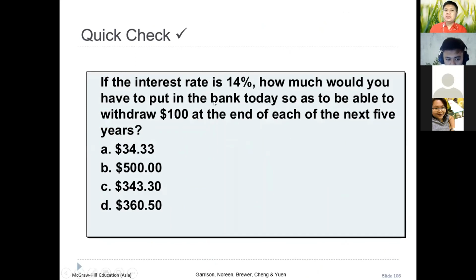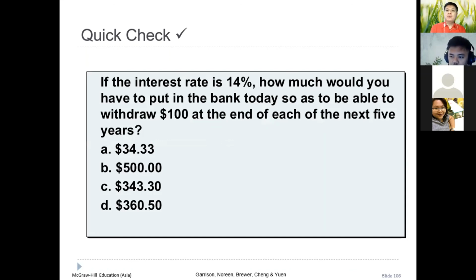If the interest rate is 14%, how much would you have to put in the bank today so as to be able to withdraw 100 at the end of each of the next 5 years? What are we looking for? We're looking at the present value or future value. We're looking at what? The present value. Okay.